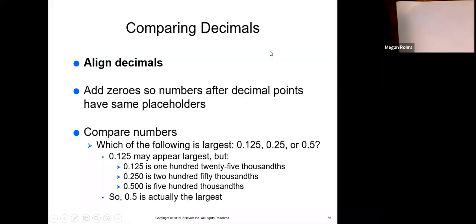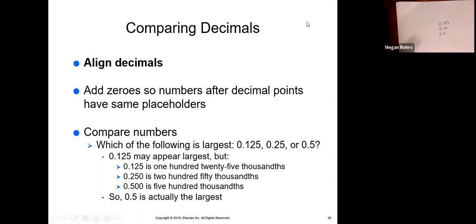Now, when we are comparing decimals, seeing which number would be larger or smaller, we always want to look at the placeholder that is nearest the decimal point. So let's look at these three numbers here. 0.125, 0.25, and 0.5.